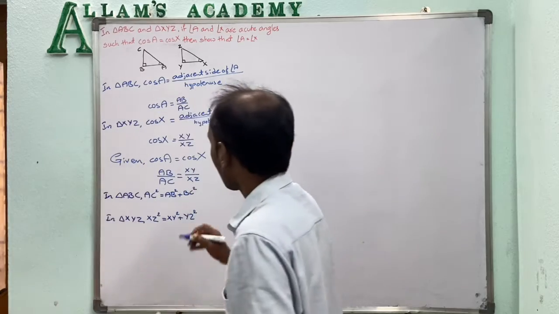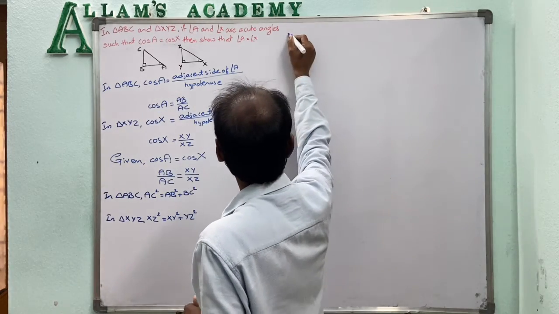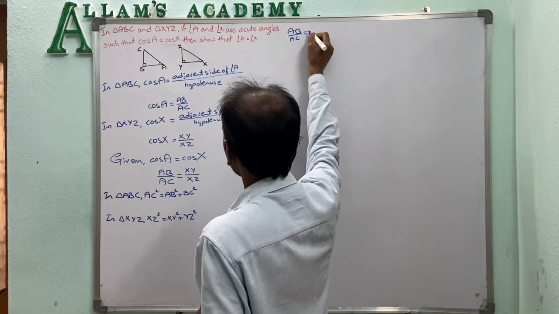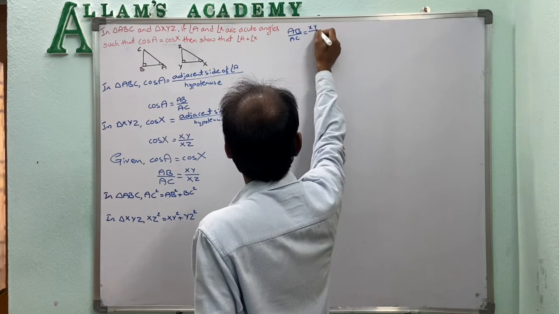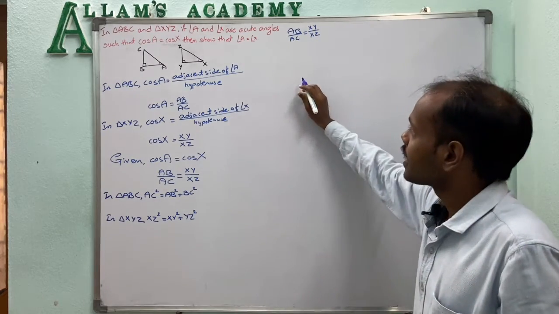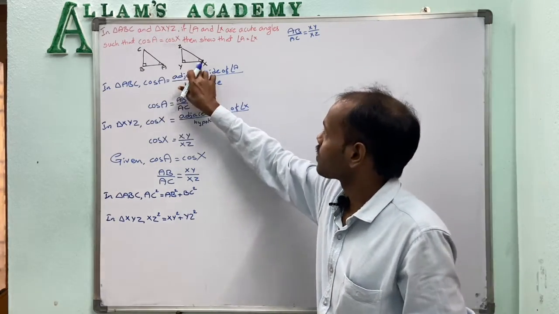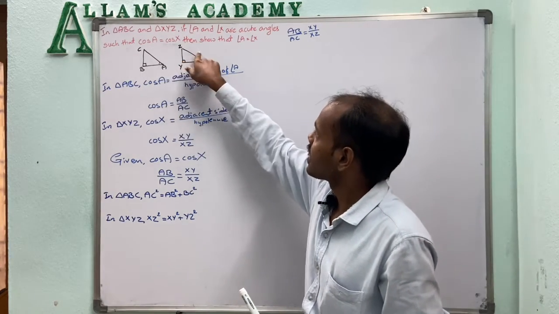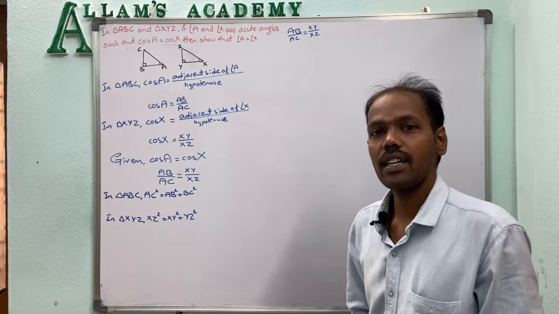Okay, now if we write AB by AC equal to XY by XZ ratio. Now here AB and XY are corresponding sides, and AC and XZ are corresponding sides.